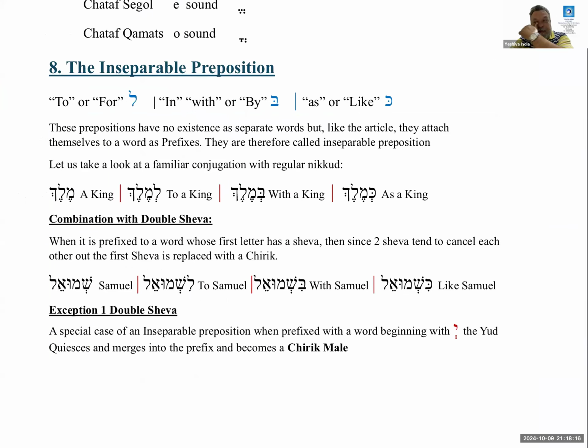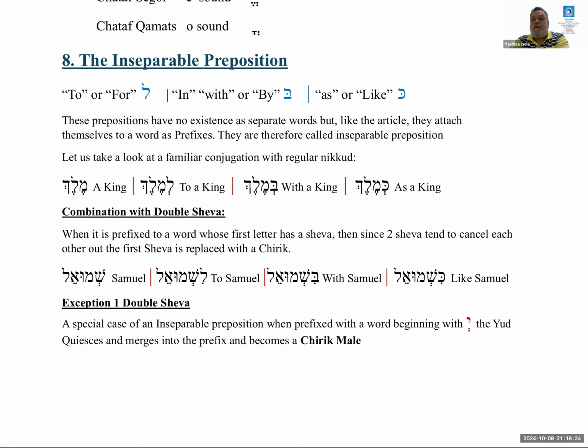Okay, there is an exception to these rules as usual. The exception is when you have a double sheva that comes with a yud.